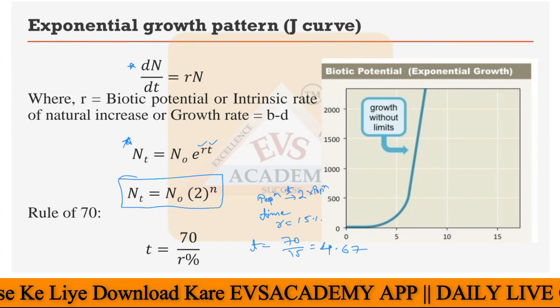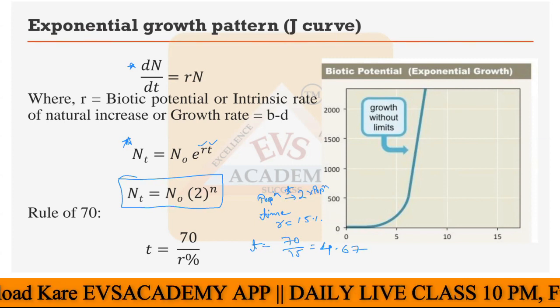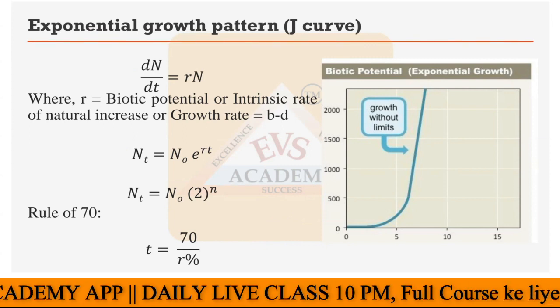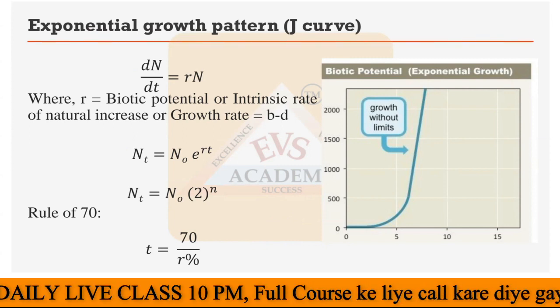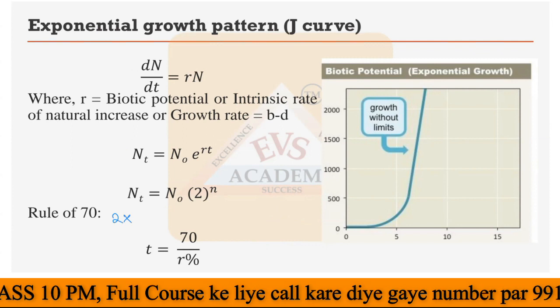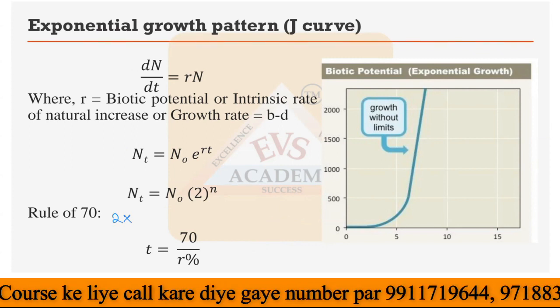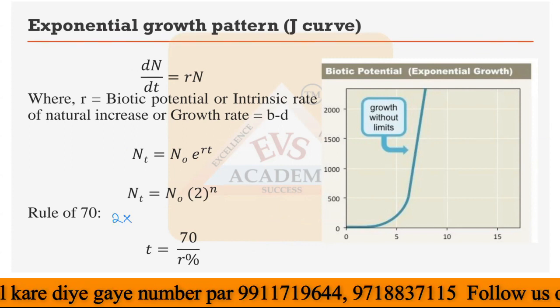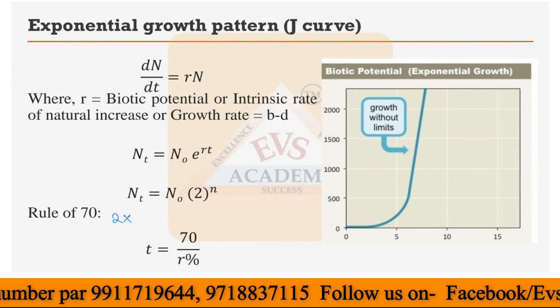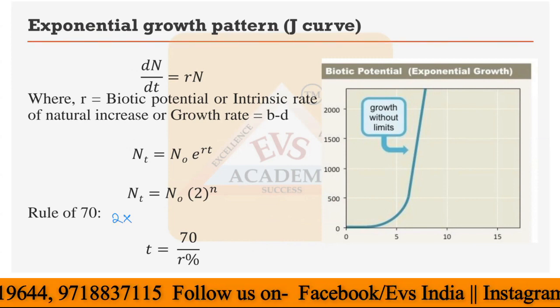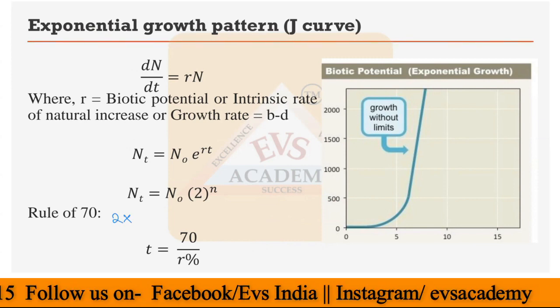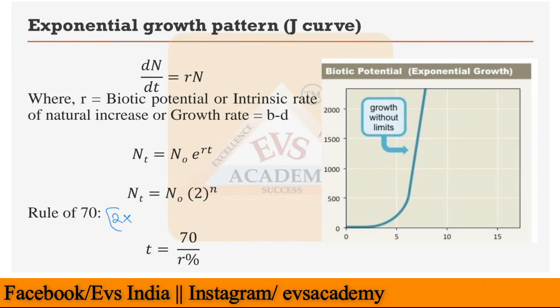So the rule of 70 only works in that situation when the population is doubling, when the population is having the 2x value, the new population value is 2x now. So only in this situation you have to apply the rule of 70. The rule of 70 is not true for any other situation except this one.